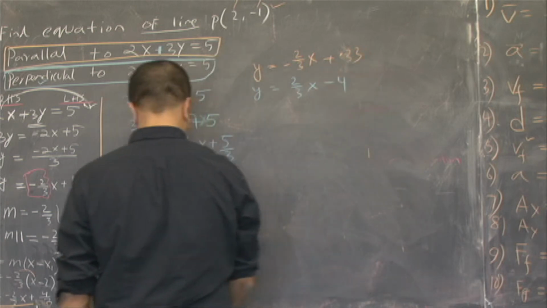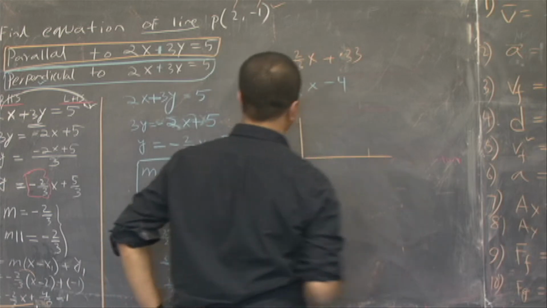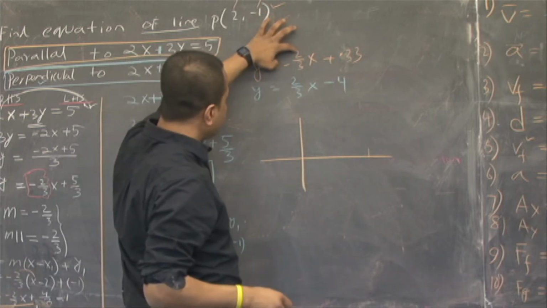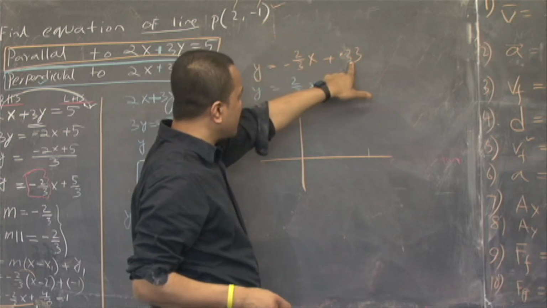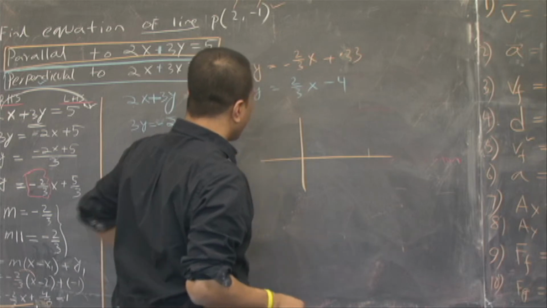Okay. So let's graph that. So this is our rise, our run, and this is our y-intercept. Okay. So let's go to the y-intercept.